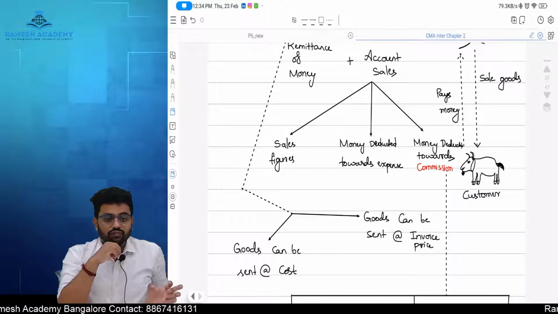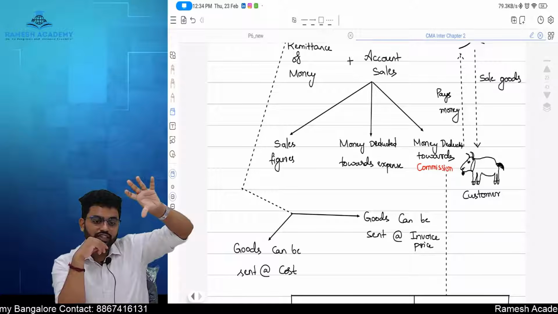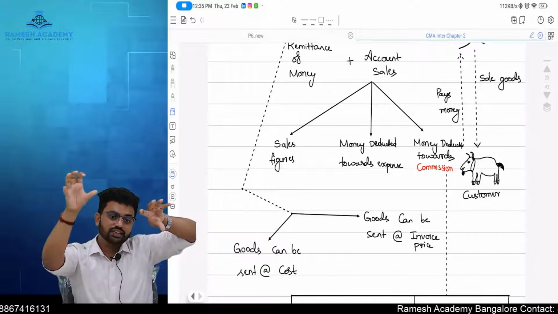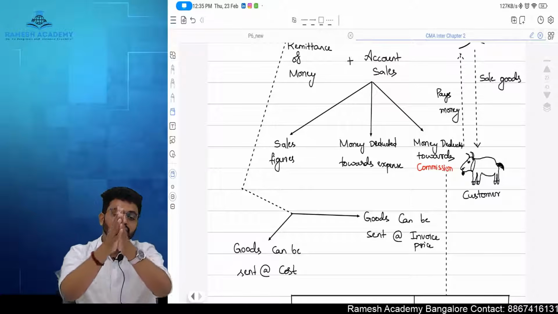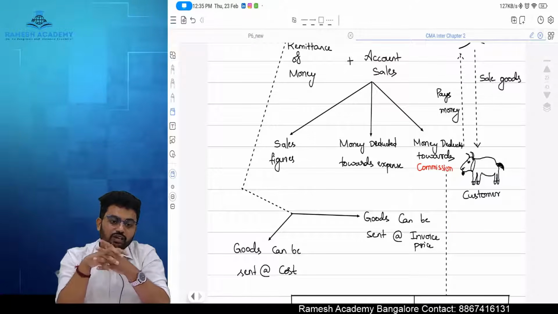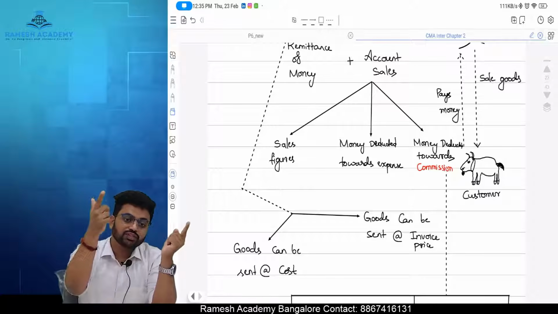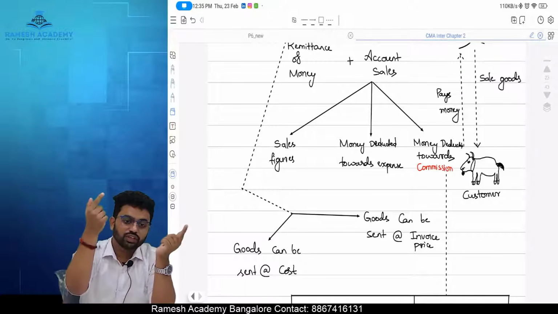Now, when the goods are sent on consignment, for example, if we are writing it at 125 and the sales is 150, then the profit will come as how much? The profit will come as 25. But the actual profit is how much? Actual profit is 150 minus 100, no, not 150 minus 125.